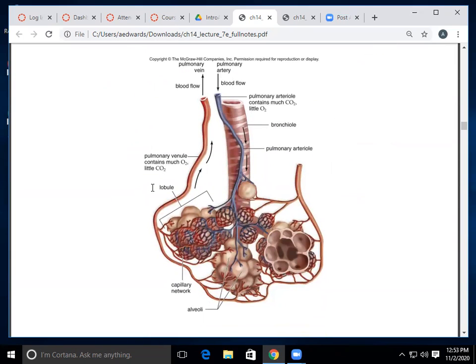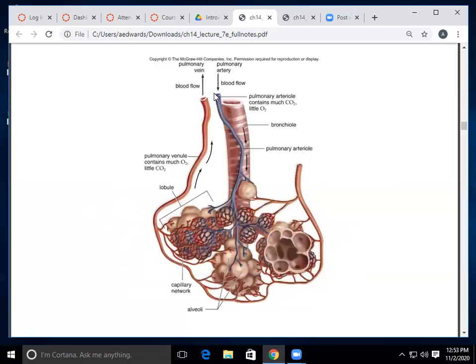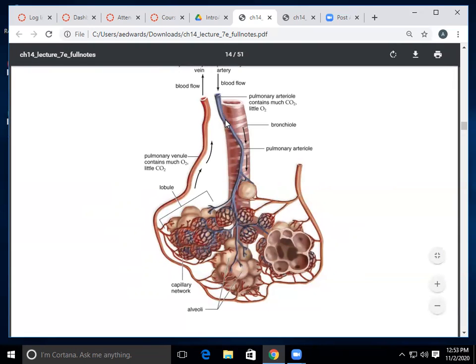Okay, so here is an image. So here's your pulmonary artery. All right, so remember pulmonary artery, remember arteries are away from the heart, right? So the artery is pumping blood away from the heart to the lungs because it's pulmonary.